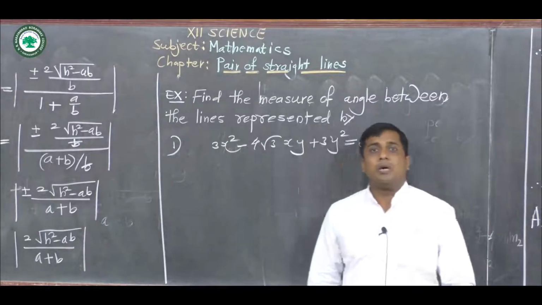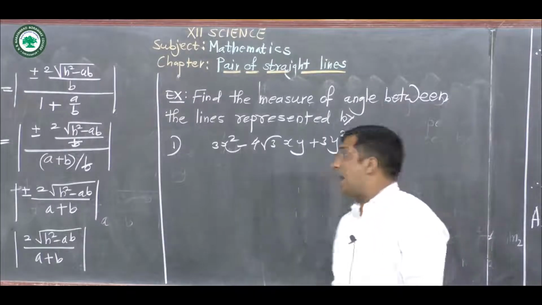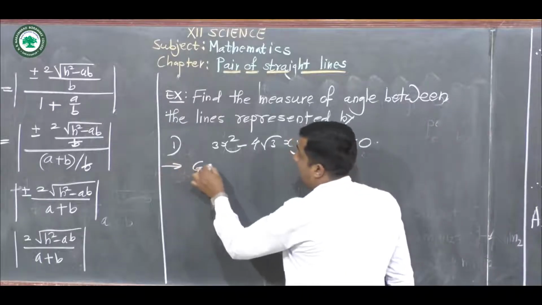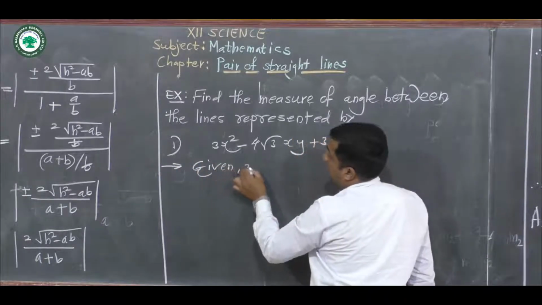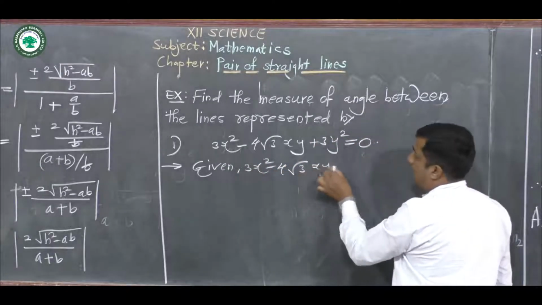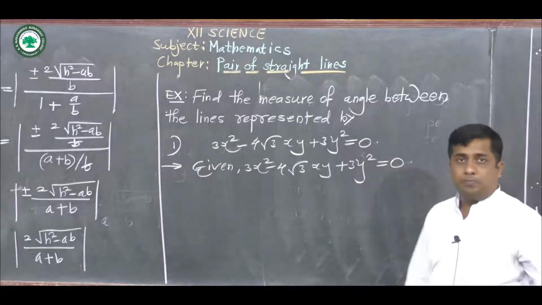Now in this example, we have to find the angle between the two lines represented by this equation. Let us consider the given equation again: 3x square minus 4 root 3 xy plus 3y square is equal to 0.